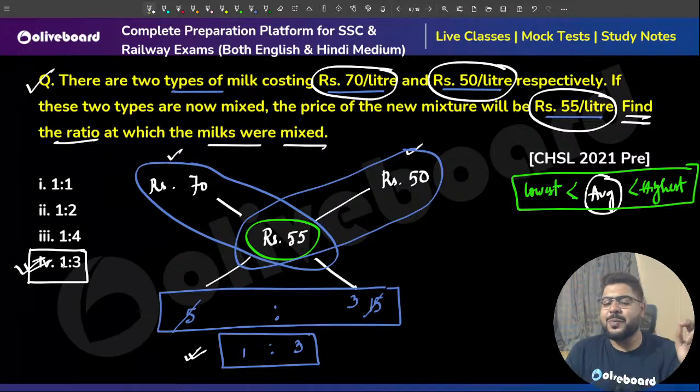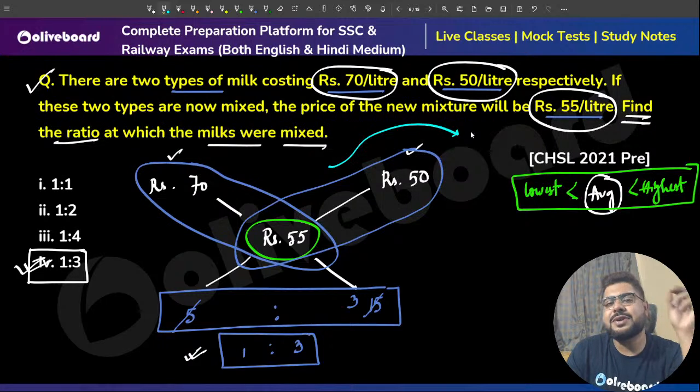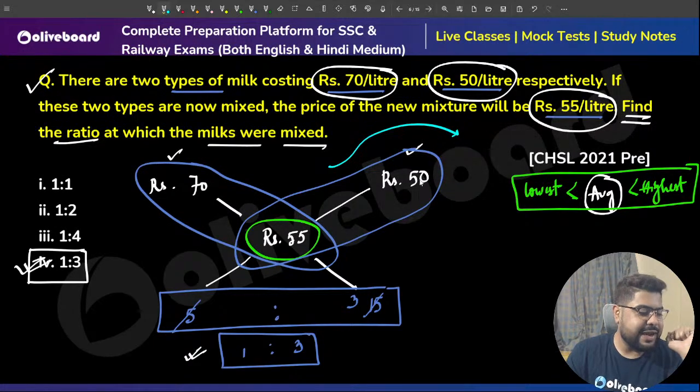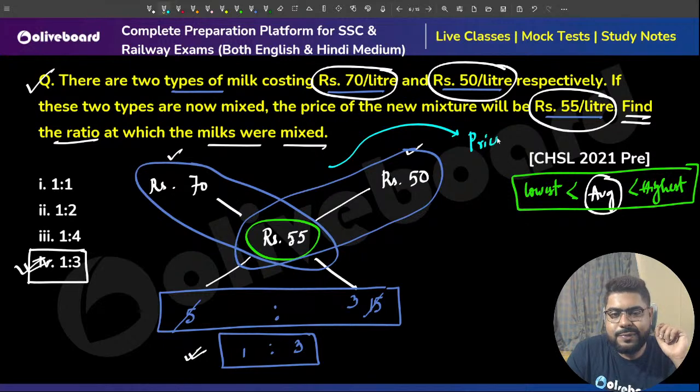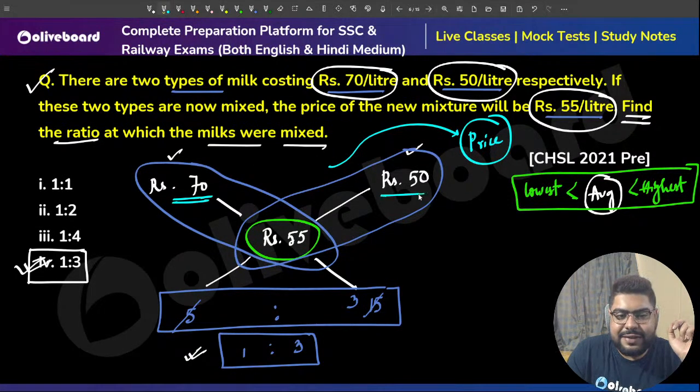Now please understand one thing. Once we found our answer, understand the concept of allegation. Can anyone tell me what the allegation variable was here? Sir, the allegation variable over here was price. I have used price, rupees 70, rupees 50.